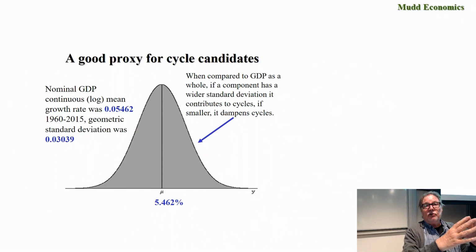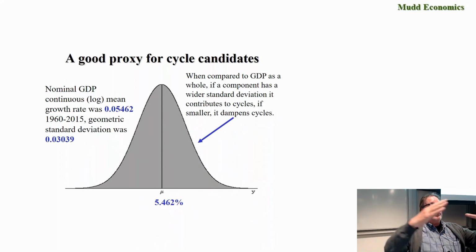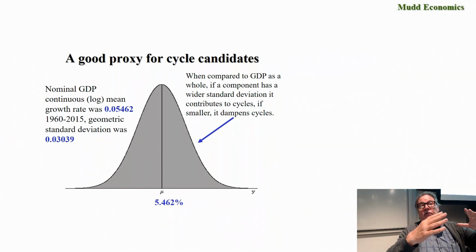That's the kind of conclusion we're going to draw. We're saying if the growth rate has a wide measure of dispersion, let's say it has an average each year of 5.246%, but a wide measure of dispersion around that average, that's going to be a candidate for the cause of the business cycle, all right? And we're going to normalize it by comparing it to the growth rate and standard deviation of GDP itself. This is a common type of analysis.